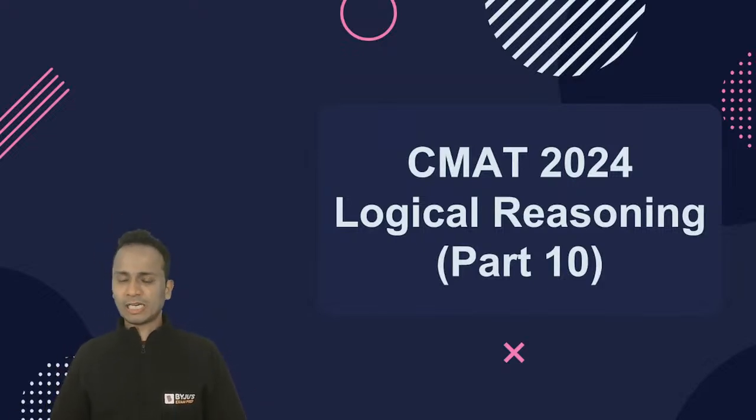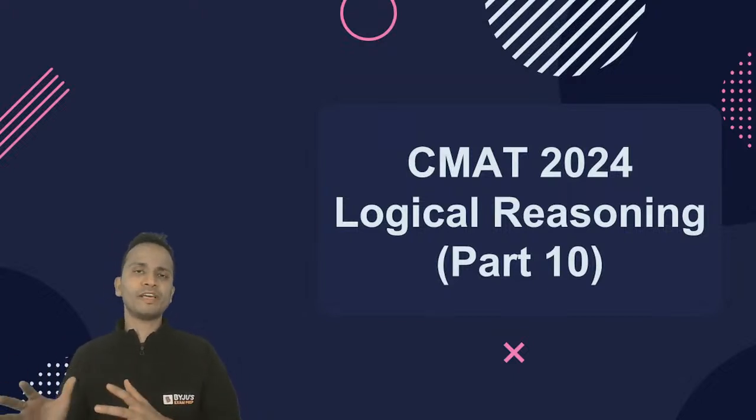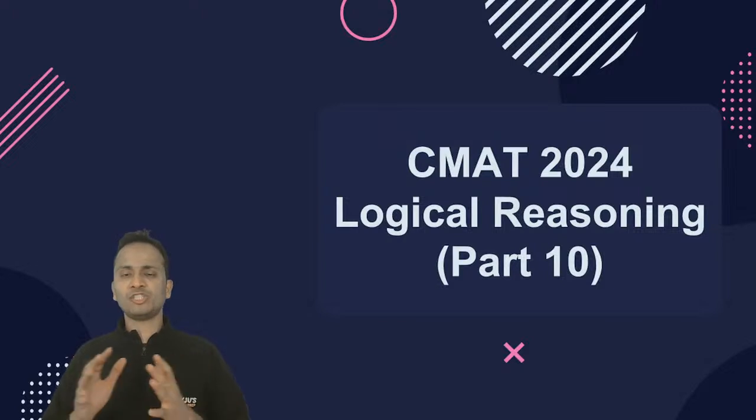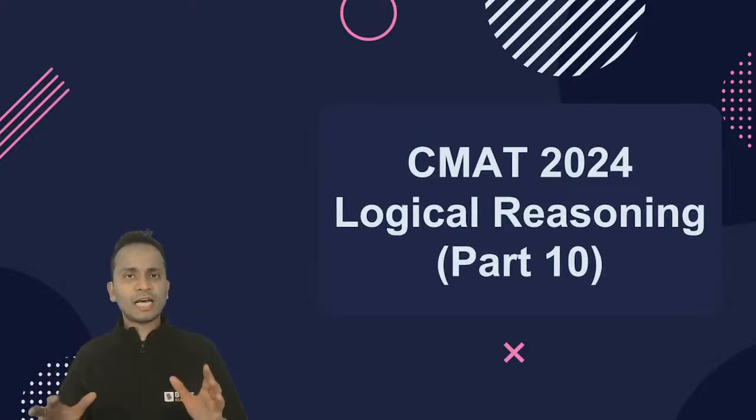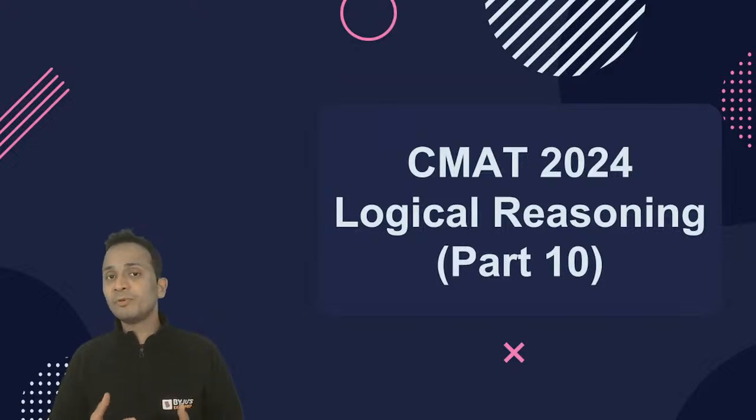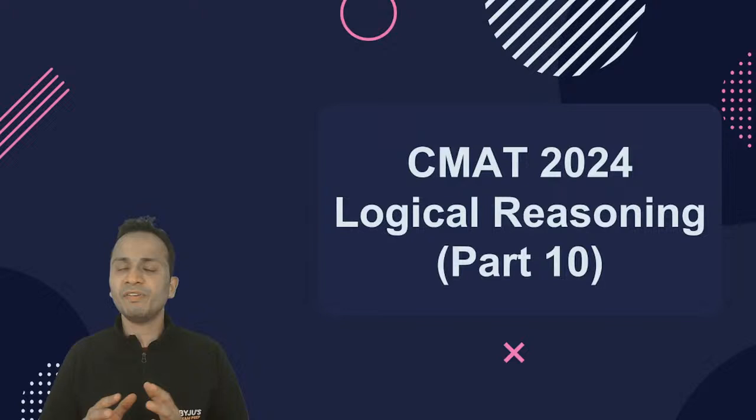Okay, so let's start. We'll today start off with a set of 5 questions, which is based on linear arrangement in 2 different rows. After that, we'll solve 4-5 independent questions which are based on different areas. So let's begin with this set. First of all, I'll display the set of directions that will help you in making the arrangement on which there will be 5 questions.